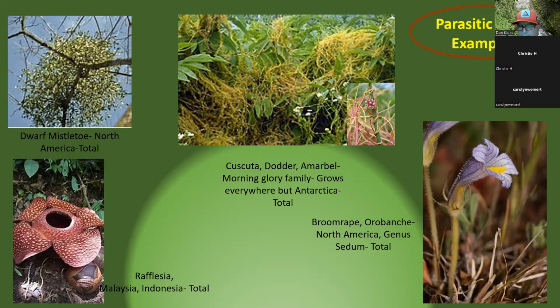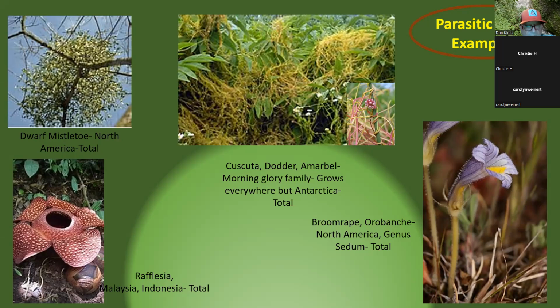Sort of pretty. And then on the right there, something commonly known as a broom rape, or orobanche. This is a North American only parasitic plant, and it's from the same genus as sedums. And again, a total parasite.